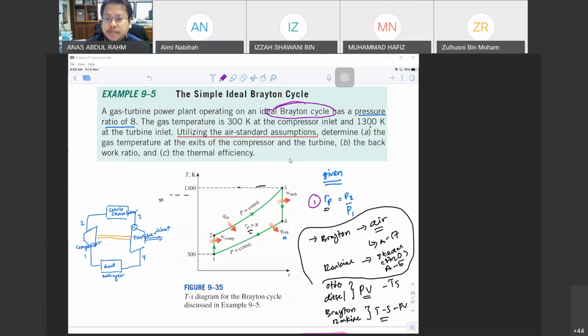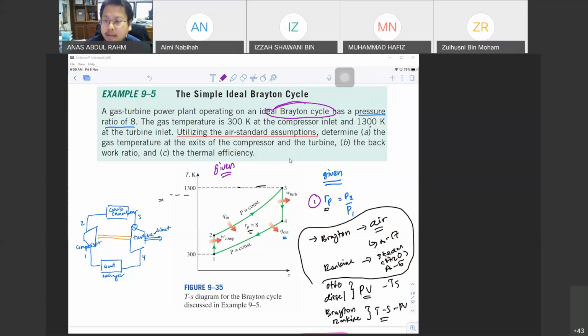I suggest, as I said, always remember to first write what is given to us and put it in terms of a diagram. For Otto and Diesel cycles, we mostly use the PV diagram, as it is easier to solve those problems. For Brayton and for Rankine, for which I already uploaded the lecture notes, chapter 10, we mostly use the TS diagram because it simplifies our understanding and visualization.